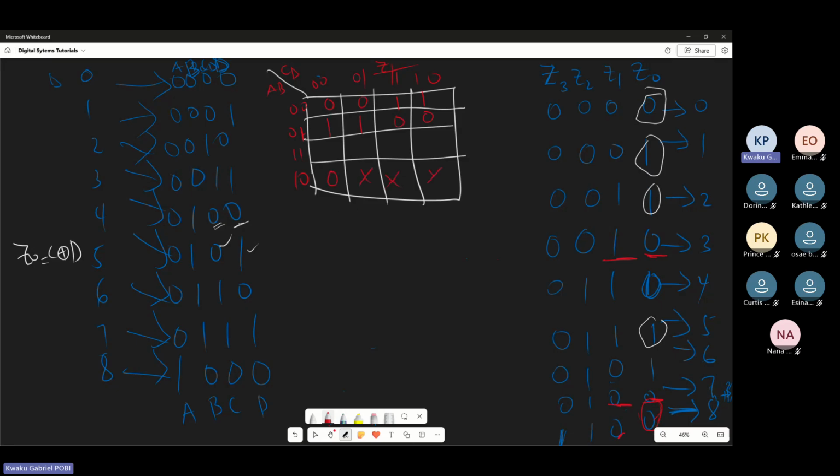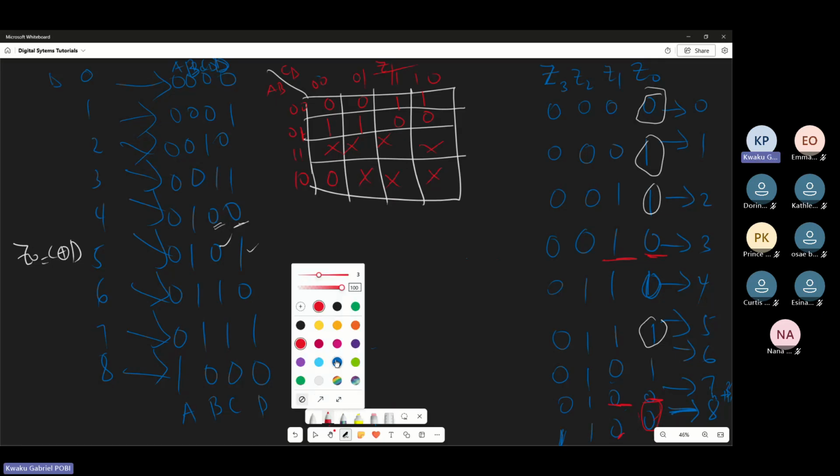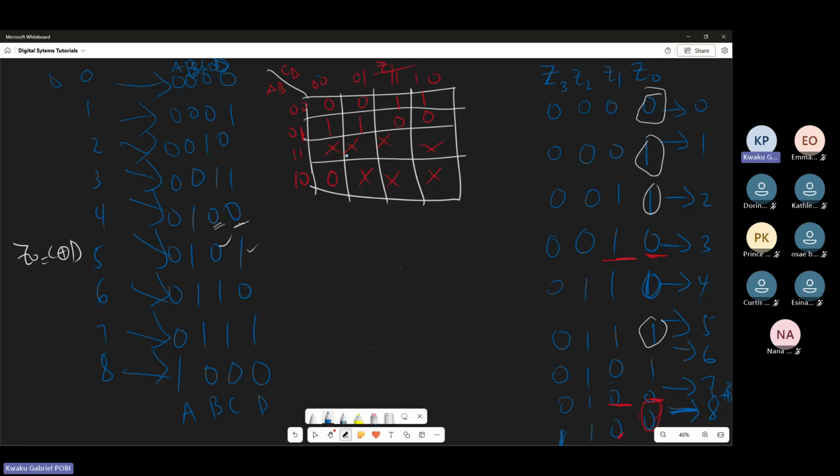The rest I can use as don't cares so that I can take some to minimize to get the simplest expression I can get here. So here, I can only group these 4. Those 4, A is changing from 0 to 1 here, but B is maintaining as high. So it means Z1 for that small portion is B.